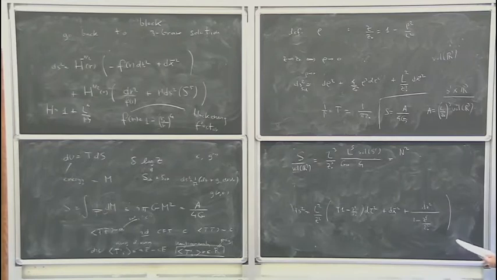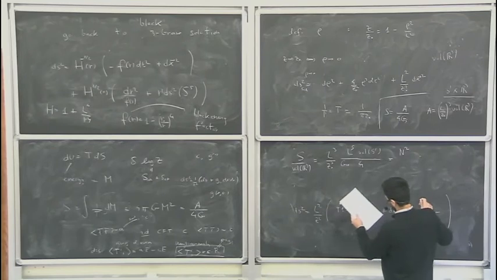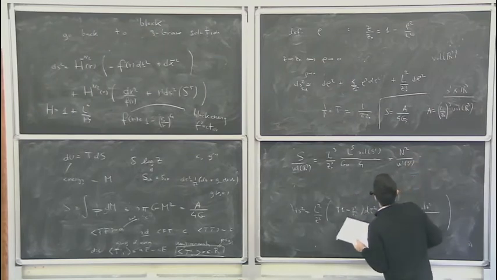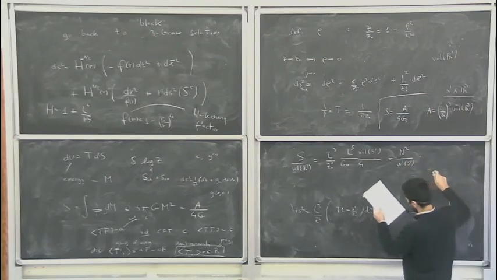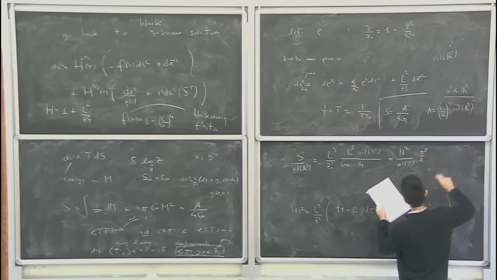So what remains is, similarly to the previous computation, some 1 over the volume of S5 for similar reason as before. And then we get a factor, which is pi to the 5th over 2, and t cube, right?